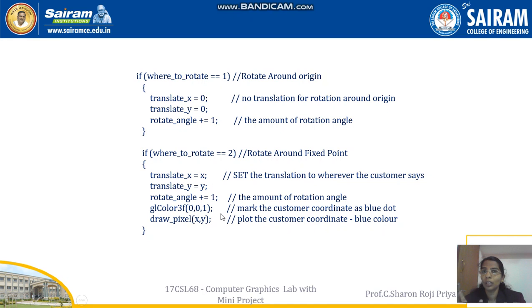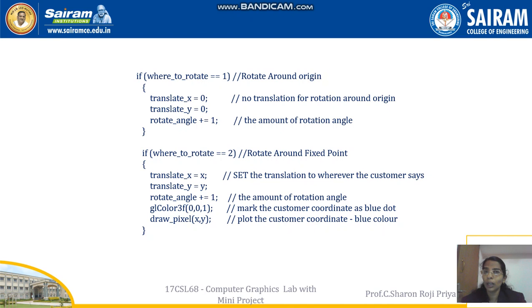I'll tell once again. Around origin means initially I have placed my triangle in one position, and in that position my triangle will be rotating. Now around a fixed point means from that origin make a displacement.